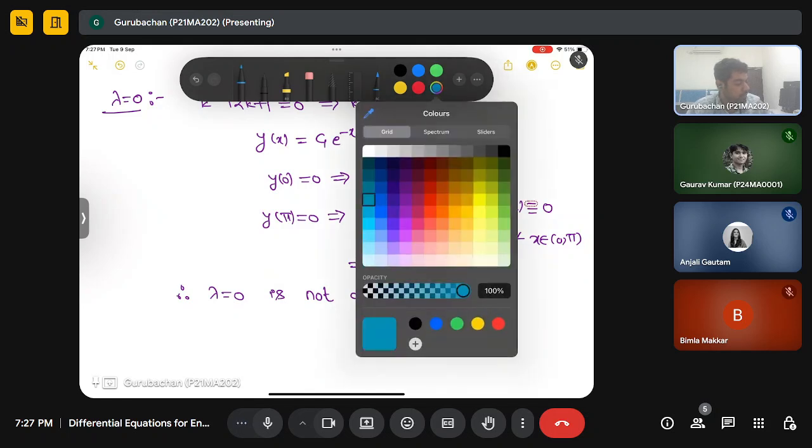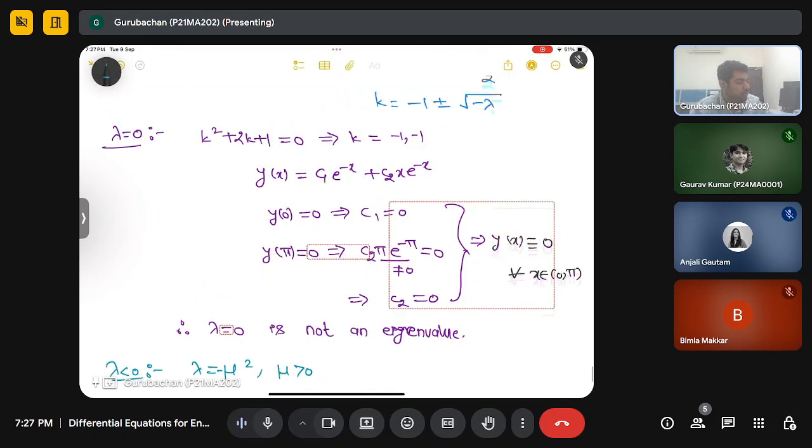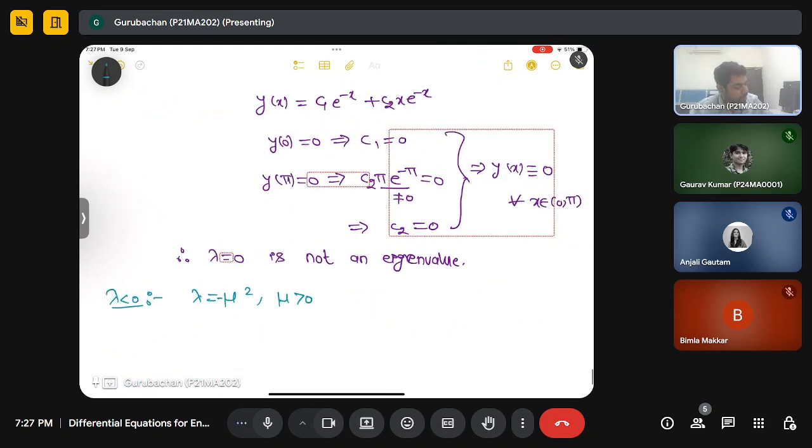Next case is lambda less than 0. That means lambda equal to some minus mu square where mu is positive. So from these roots you will get to know that k is equal to minus 1 plus minus mu.